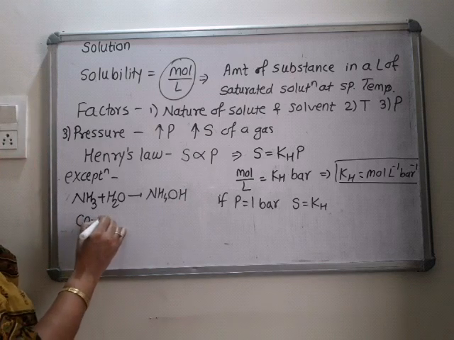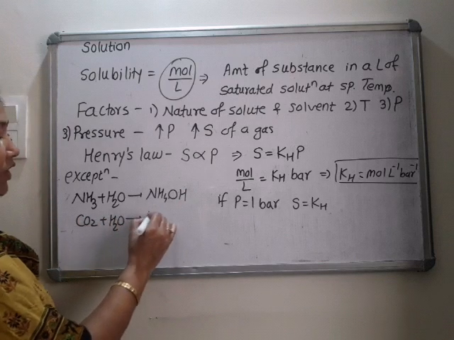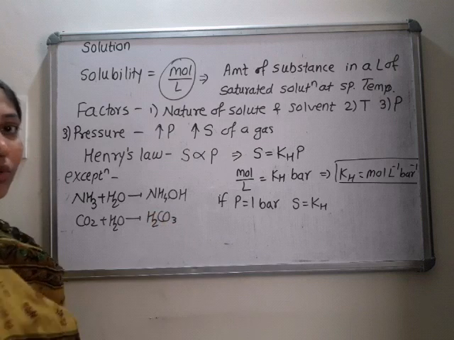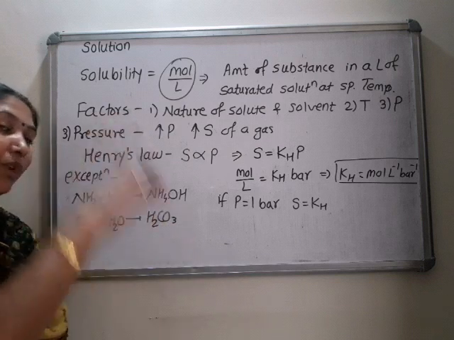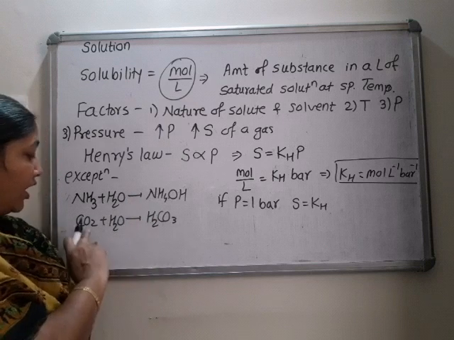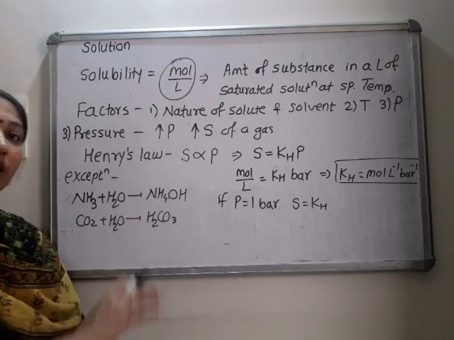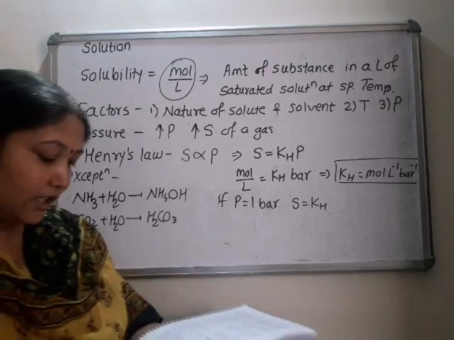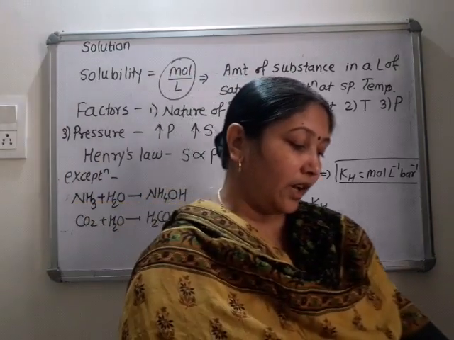Or CO2, when dissolved in water, forms H2CO3, carbonic acid. So pressure applied on that gas does not affect the solubility of that gas in water. This is the exception to Henry's law.